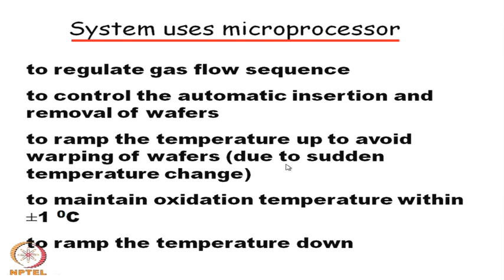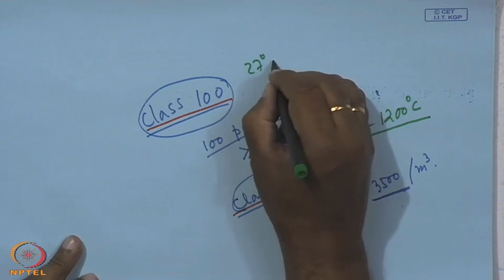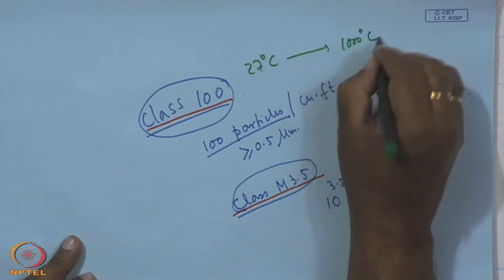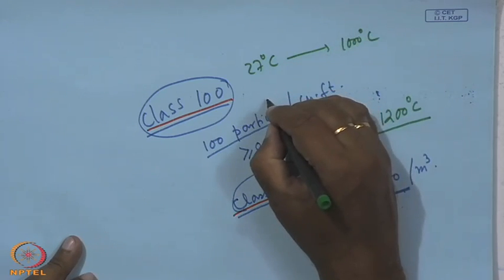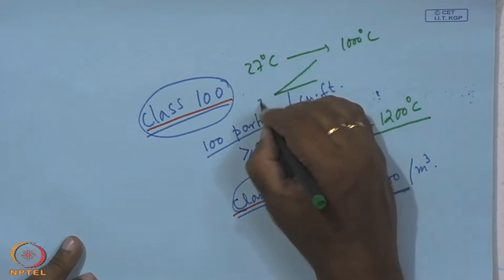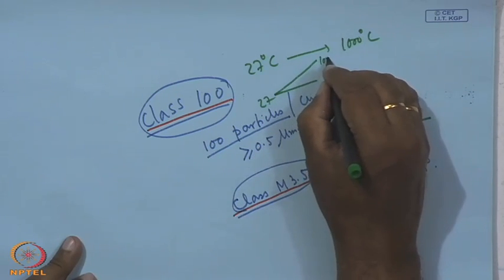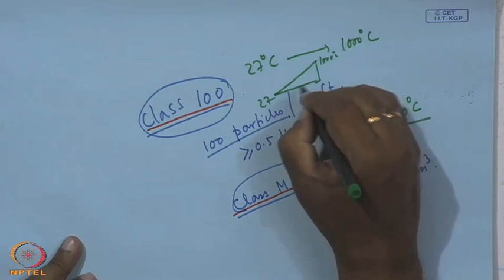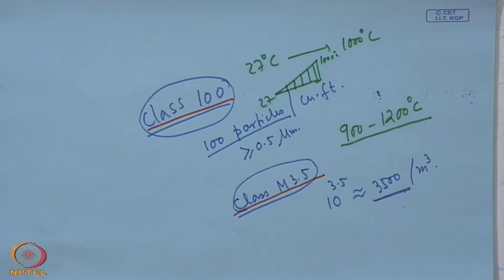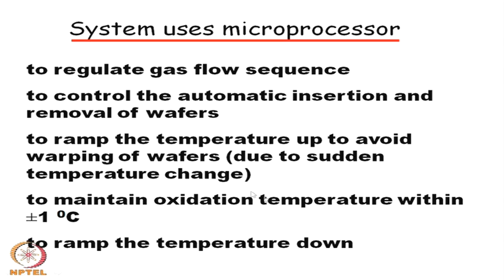So, say your room temperature is 27 degree centigrade, from 27 to say 1000 degree centigrade, you have to ramp the temperature very slowly, so that you can avoid the warping of the wafers, and to maintain the oxidation temperature within plus minus 1 degree centigrade.